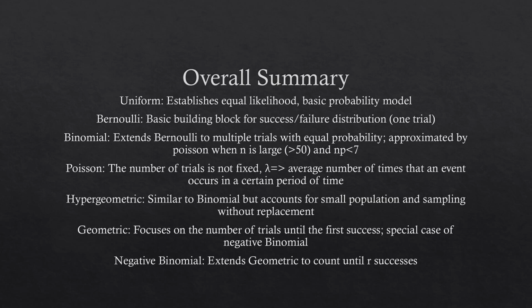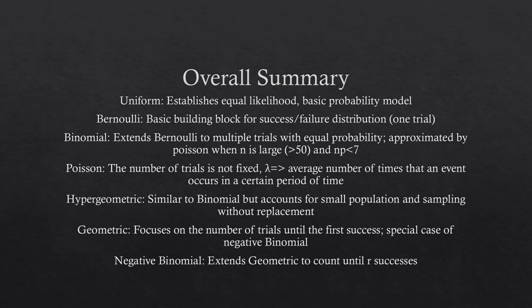and it's approximated by Poisson when n is large, which is greater than 50, and n multiplied by p, or lambda, is less than 7. Now the Poisson is where the number of trials is not fixed, and we look for an average number of times that an event occurs.